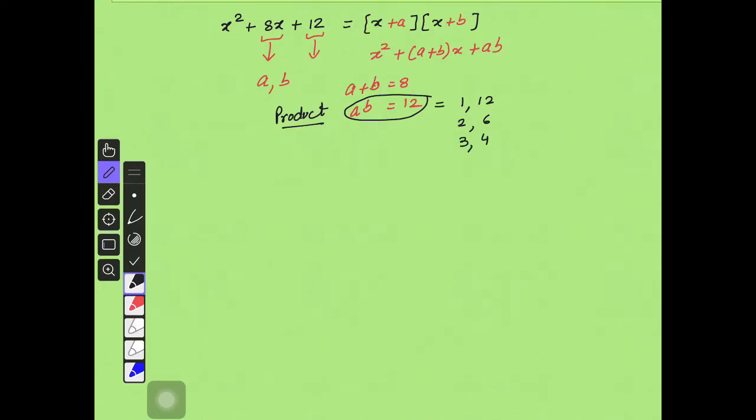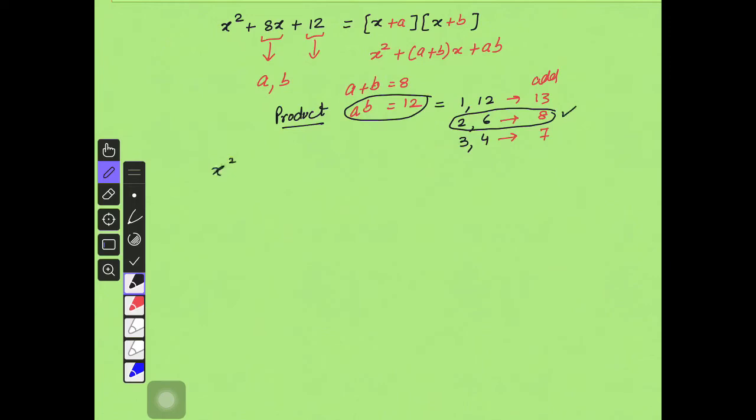Now there are three options for us, but we have to choose only one out of the three, and to decide which one, we add them. If you add 1 and 12, you get 13, and 3 and 4 give 7. We are going to consider 2 and 6, because 2 plus 6 gives you 8, and 2 times 6 gives you 12.